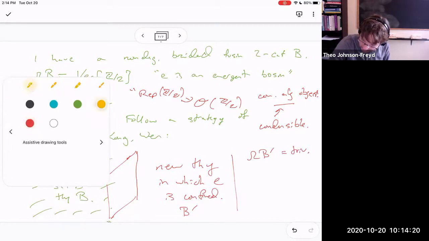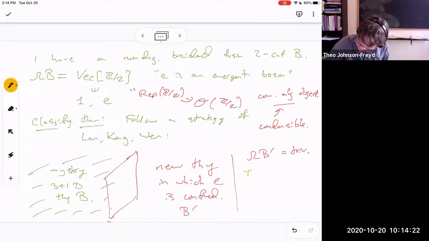And now I need to use a non-trivial theorem, which is that, maybe I'll write it in black so that you can really see it. So the lines are trivial.